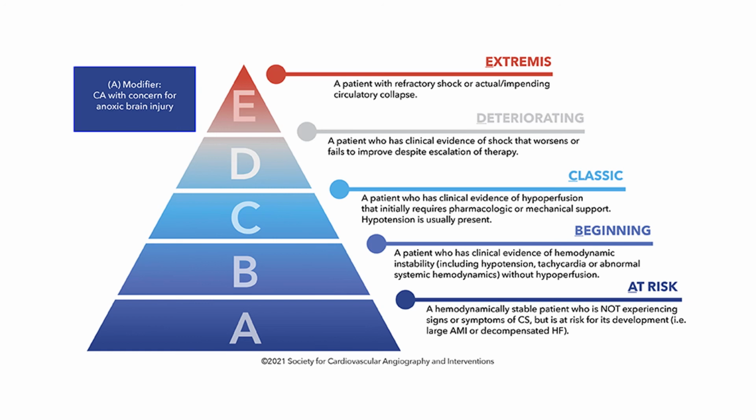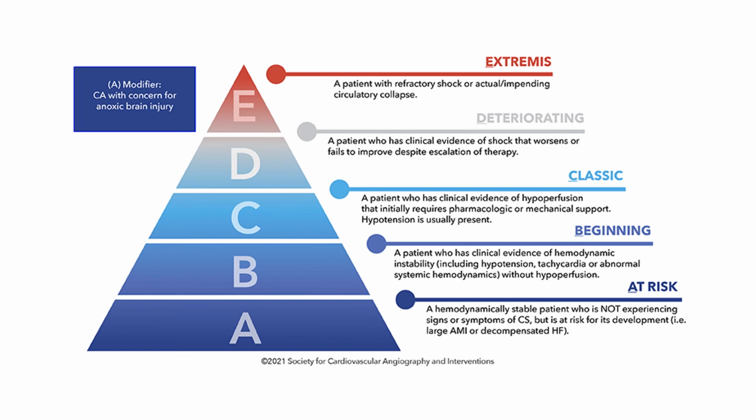You may have some peri-shock states where the lactate may not be elevated. They may not be quite yet in a state of shock, but they are heading towards that. C is classic. Patients who obviously meet the definition of cardiogenic shock.